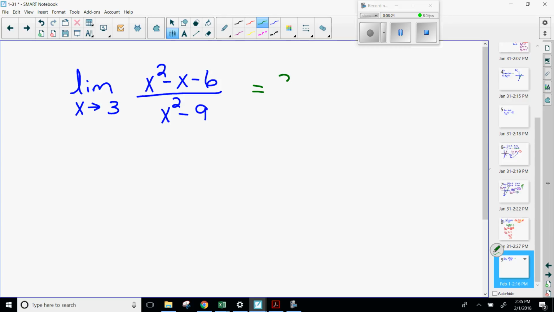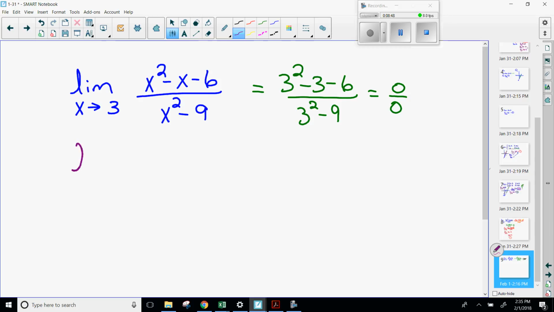So I'm going to have 3 squared minus 3 minus 6 over 3 squared minus 9. So you get 9 minus 9 over 9 minus 9, and we do end up with 0 over 0. When you get 0 over 0, indeterminate, now yes, you can factor.